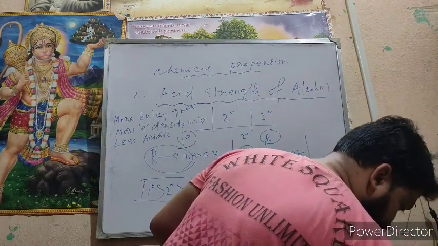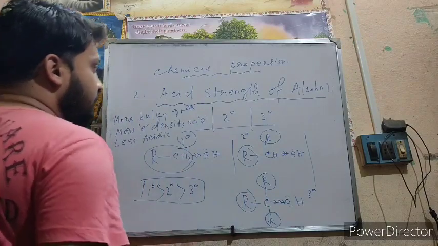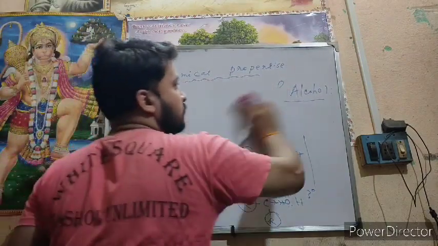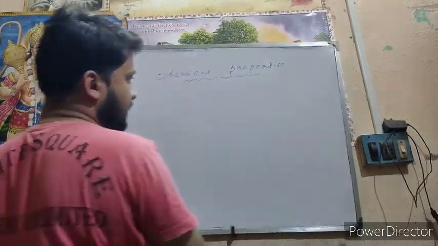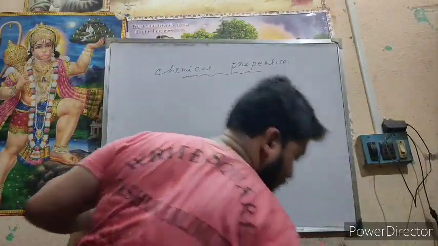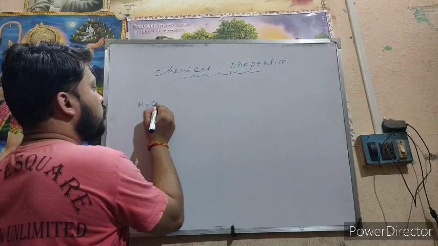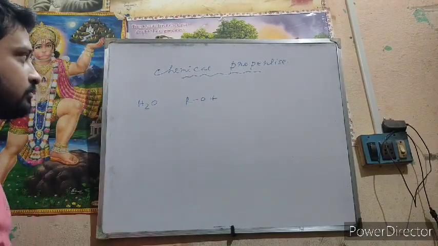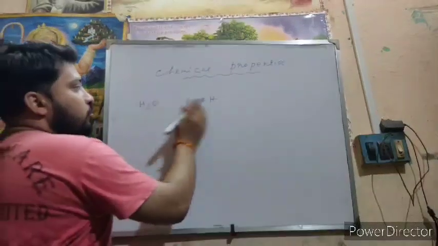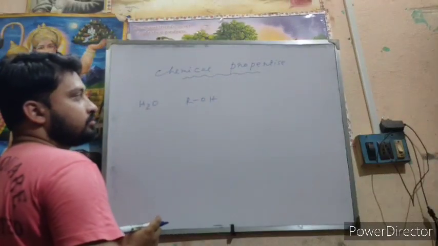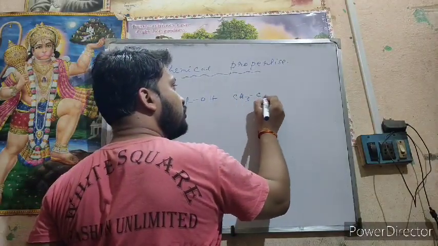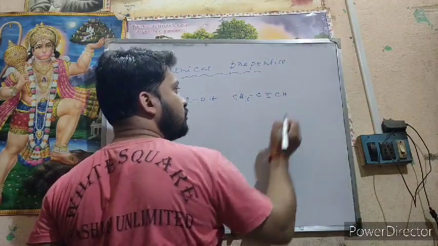Now the second problem is order of acidic strength. I give you some examples: H2O and ROH, and you want to compare them. Which is more acidic? Then you take another example, CH3 C triple bond CH.